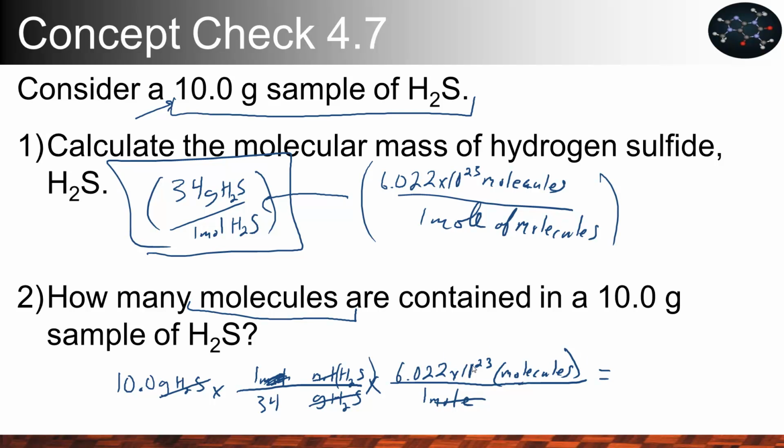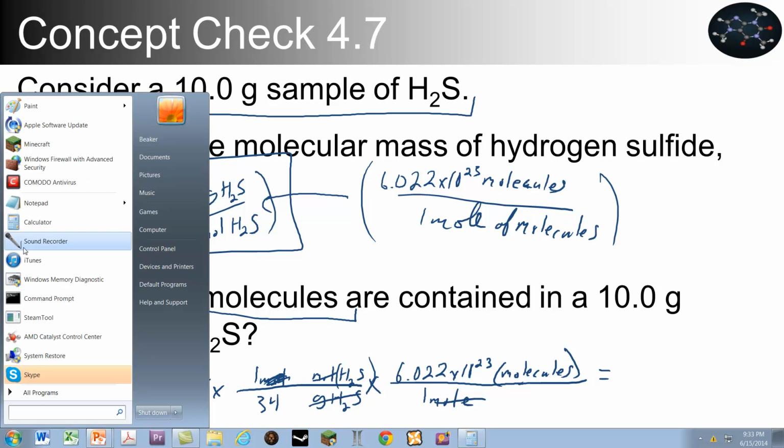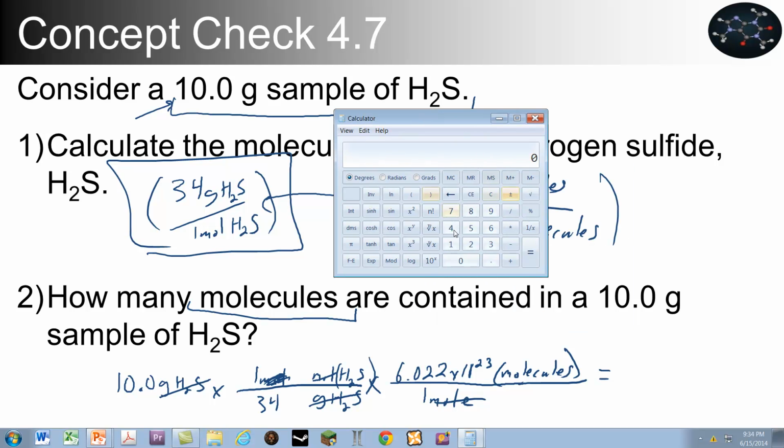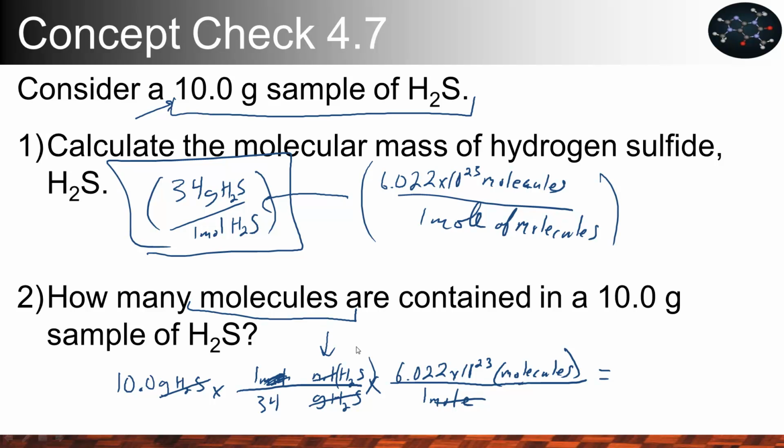Let's see if I can pull up a calculator real quick. There we go. Oh, we already have a scientific calculator. All right, so 10 grams times 1 divided by 34. Okay, that's how many moles of hydrogen sulfide we have.